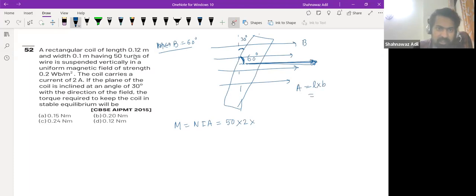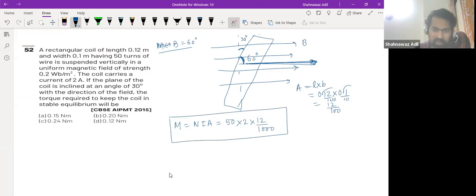Length is 0.12, breadth is 0.1. So this is 12 by 1000. This is our dipole moment.